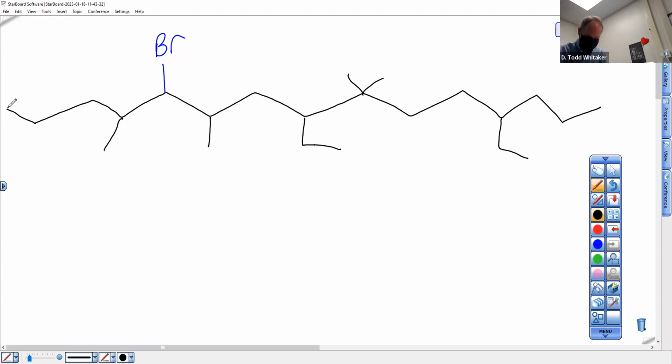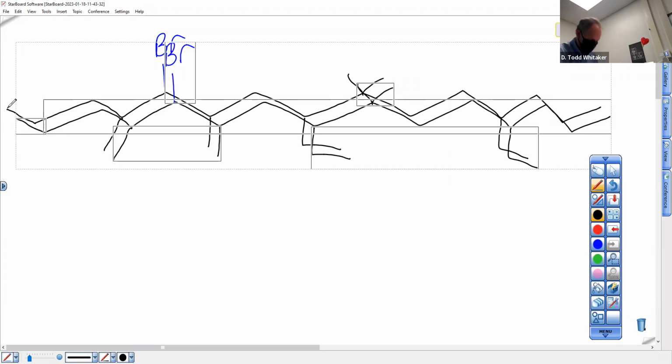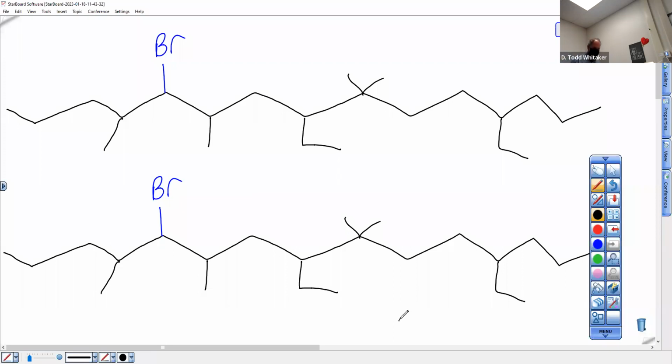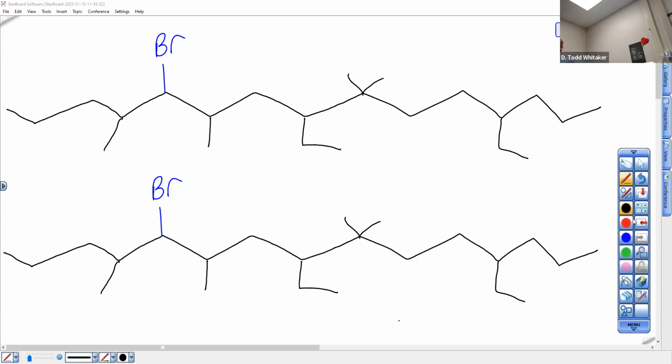Good. Now the chains both, it puts a group on carbon 4 either way. Do you see that? I know you're copying, so you haven't seen it yet. But either direction has a group on carbon number 4. Do you agree?